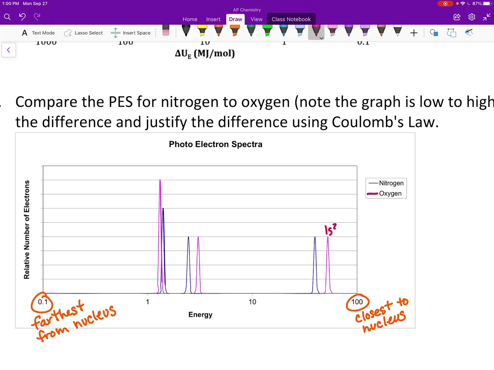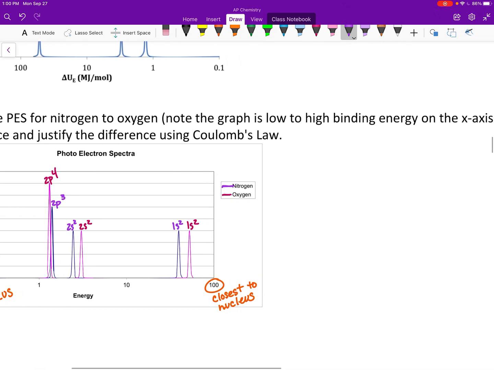Okay, so our oxygen, of course, again, we're going to have our 1s2, 2s2, 2p4, and our nitrogen is going to be 1s2, 2s2, 2p3. And what we want to notice is how do the energies for each one of these kind of relate and what's going on overall.